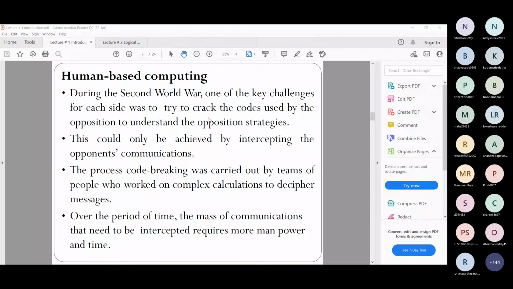Yes, Nitesh, you can say. I am Nitish. If data is a rock stone, then information will be a statue, which comes from the rock stone. Okay. Yeah, here also maybe we can say the analogy is correct.